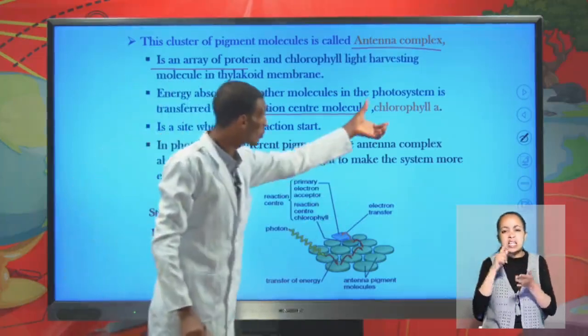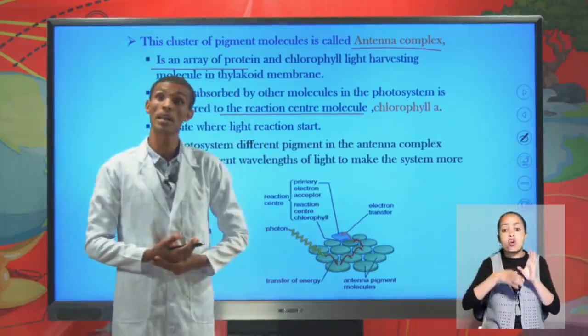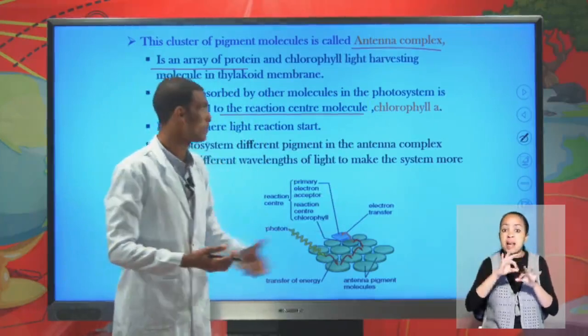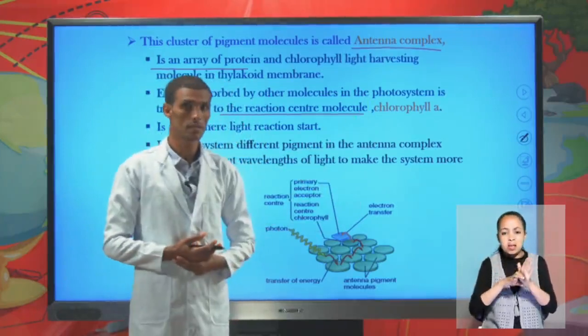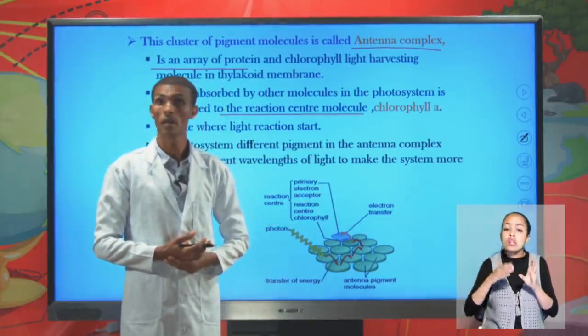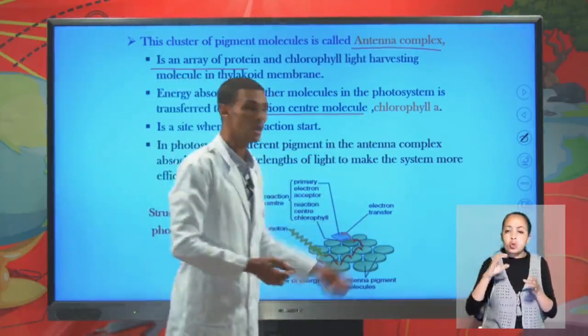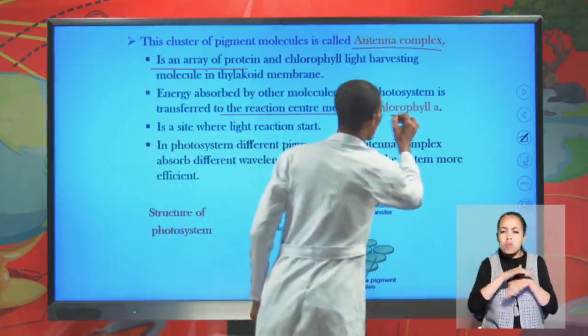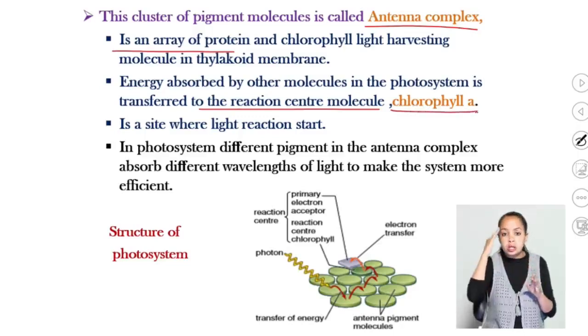There are different pigments found in plant leaves: for example, chlorophyll B, xanthophylls, carotenoids and chlorophyll A. Of all these, chlorophyll A is considered the reaction center molecule.